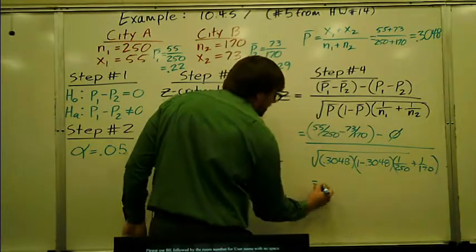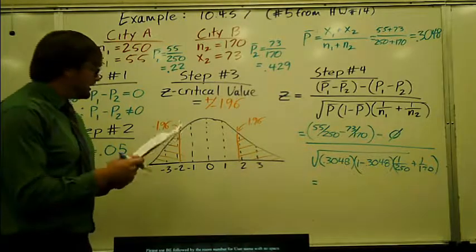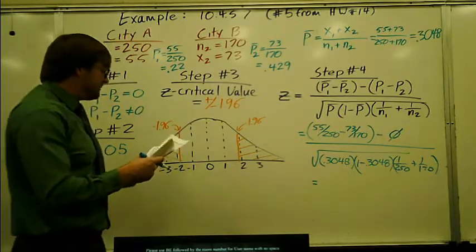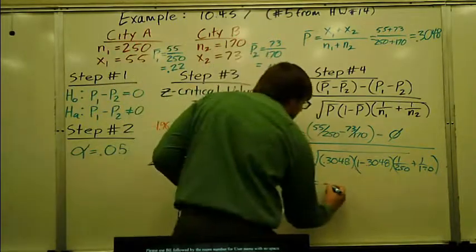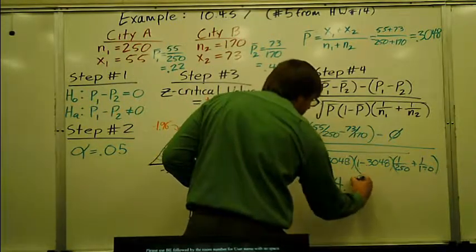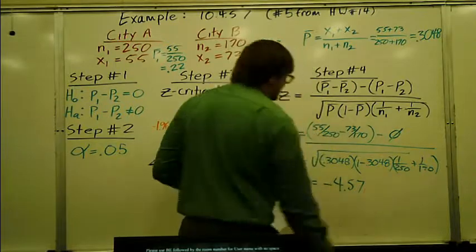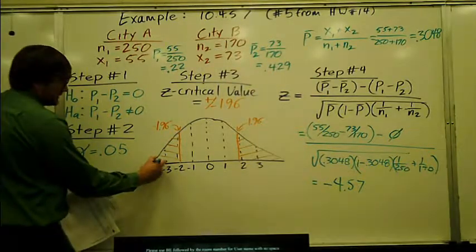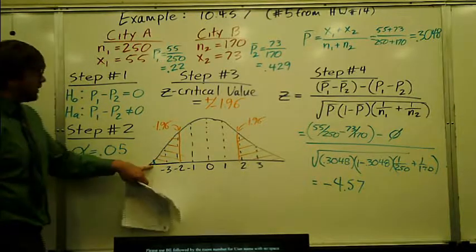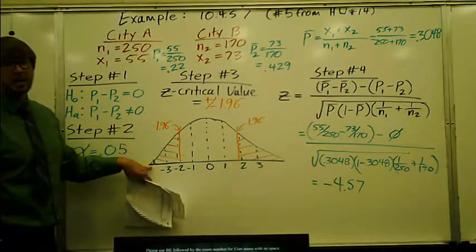You calculate that all out, and you get a z-value of your test statistic equal to negative 4.57. So of course, negative 4.57 is somewhere way over here, clearly in the rejection region.